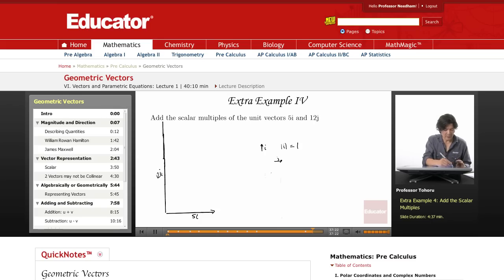So what we did is we had 5i go off in this direction and then 12j up. So I'm going to move this over, like we do when we're adding vectors. And I'm going to bring this over here, and it's going to be roughly like this. So that gets moved over here.